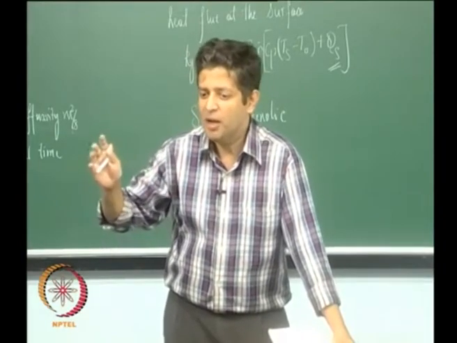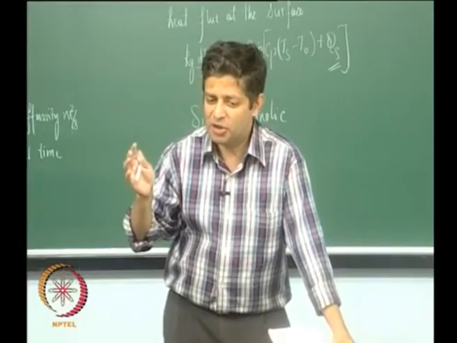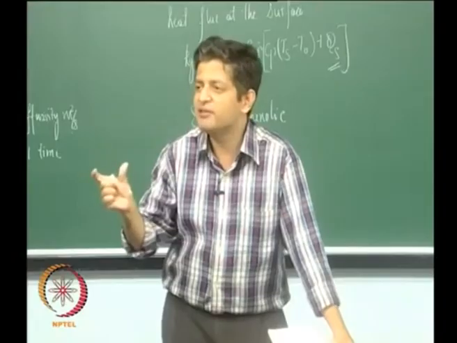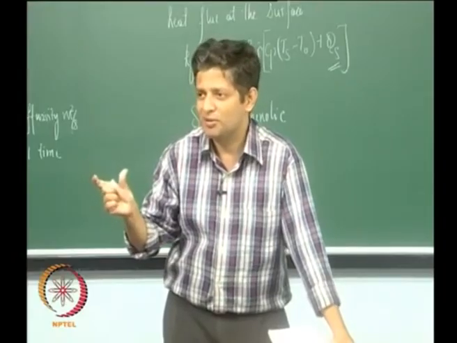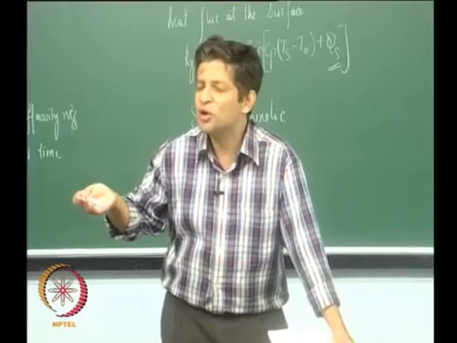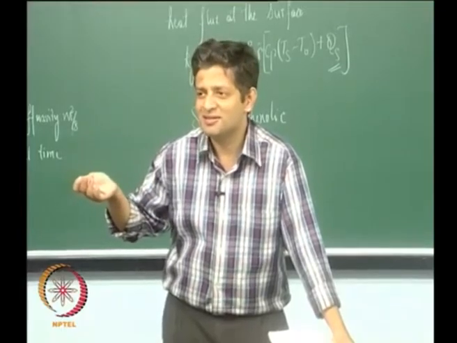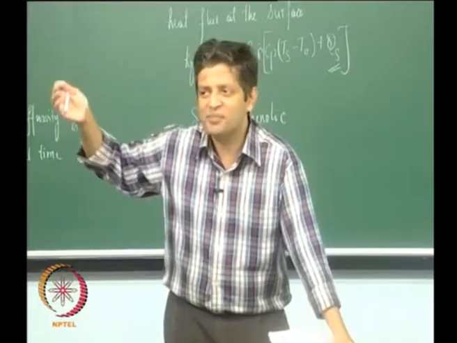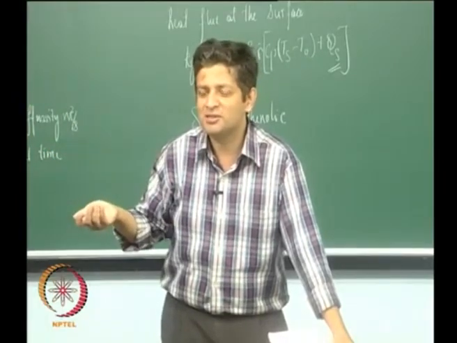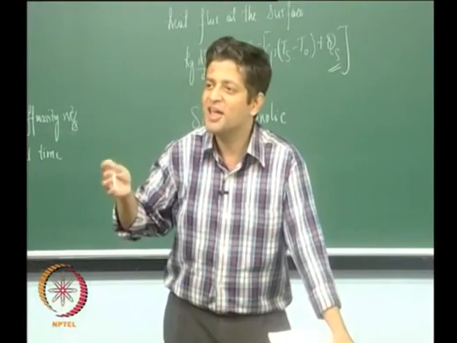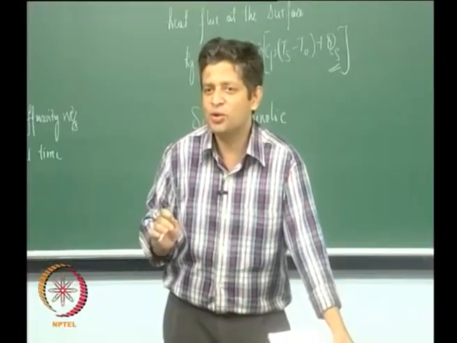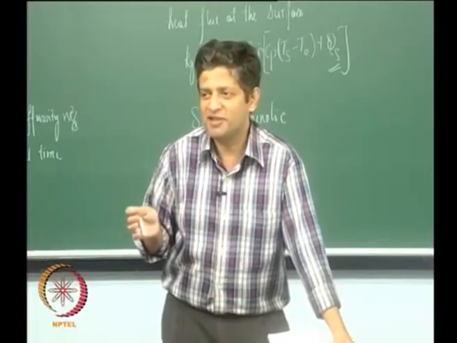Ultimately it will happen, but if you remember, the length that is available is only up to the throat. If it burns further beyond that, it is not going to contribute towards thrust. If the pressures and temperatures are increased beyond that, that is not going to contribute greatly towards thrust, because we know from thermodynamics that if you add heat at the highest pressure, that gives you a better efficiency.